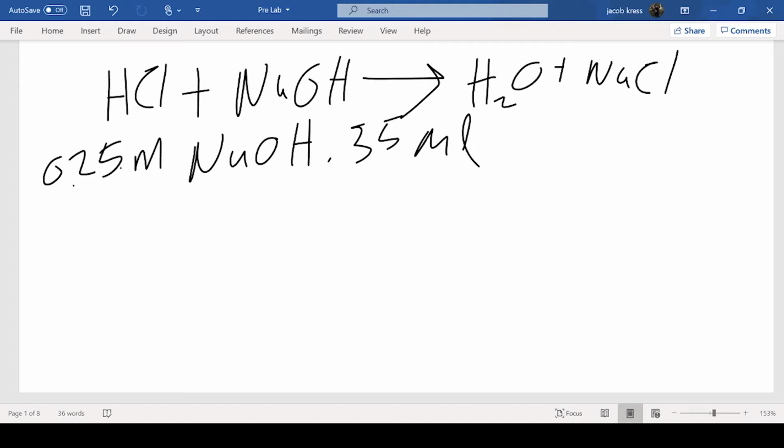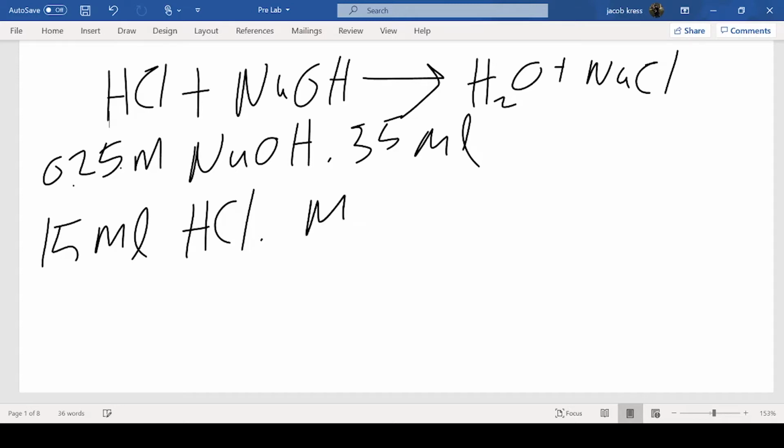So when we got to the endpoint, we recorded 35 mL of sodium hydroxide being used. What we reacted it with was 15 mL of an unknown concentration of HCl. The question is going to be, what is the concentration of this?